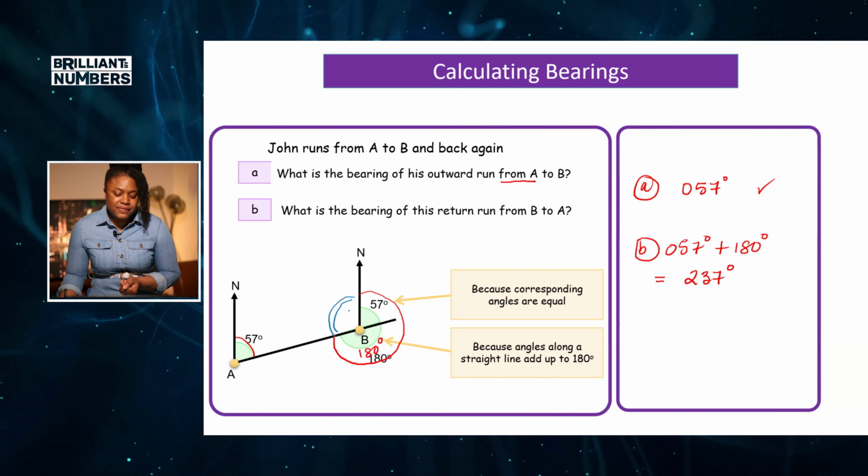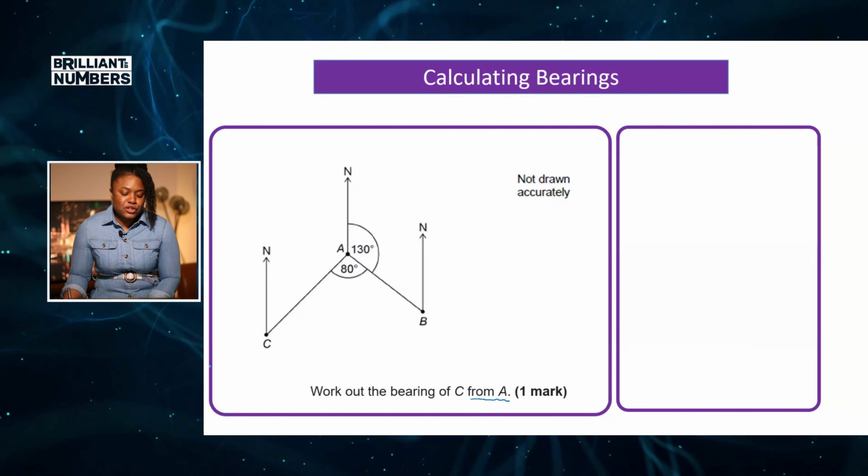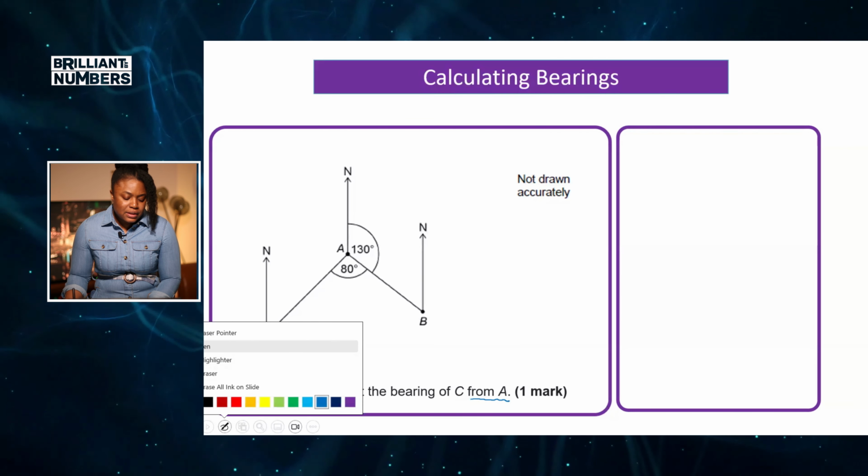So we're asked to work out the bearing of C from A. My reference point is A. So from A, let's do that from A all the way around to C. We can see here that we just need to add those two angles together.